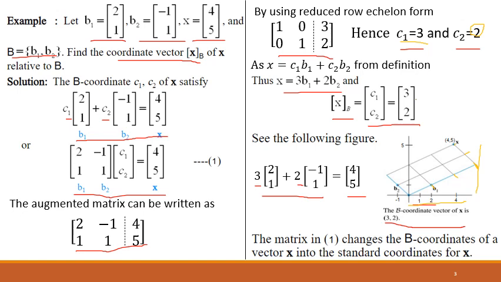Alternatively, if we move 2 units along vector b2, this is 1, this is 2, and 3 units along vector b1, 1, 2, and 3, we will reach our point x. So the matrix in equation 1 changes the B-coordinates of a vector x into the standard coordinates of x.